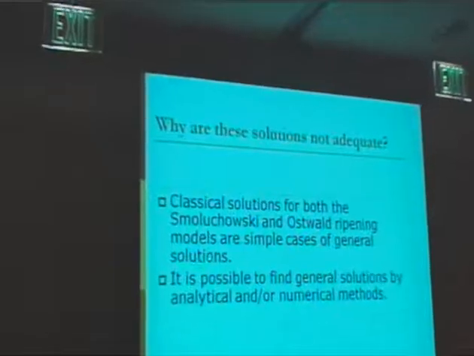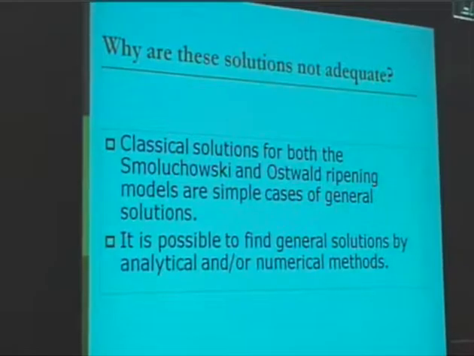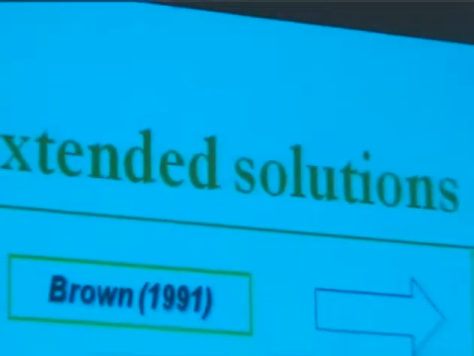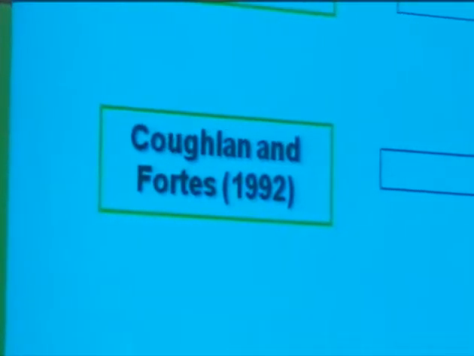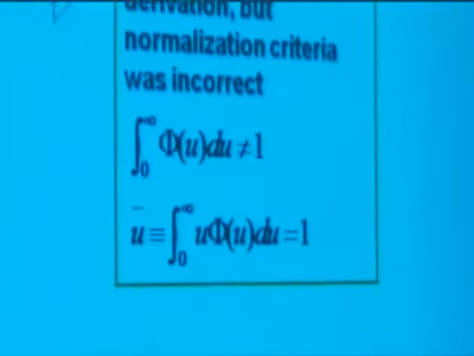Well, because what we found in the case of Ostwald ripening and also the Smoluchowski equation, that is another problem for the crystallite migration problem, is that there really are special cases of more general solutions. So we tried to see if we could find a general solution using different alternatives, and we found that indeed we could. In the early 90s, Brown proposed a family of solutions for the LSW case, and he showed that the LSW case was not correct, or at least it was limited.